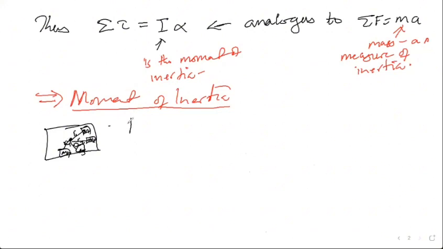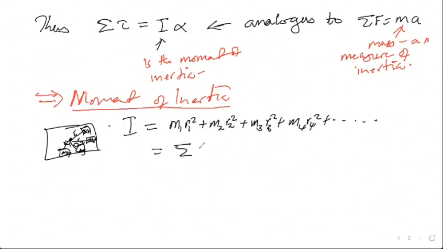R4. Moment of inertia I is equal to the sum of M1 times R1 squared plus M2 times R2 squared plus M3 times R3 squared plus M4 times R4 squared plus whatever masses that you have made here, which is equal to the sum of m_i times r_i squared.